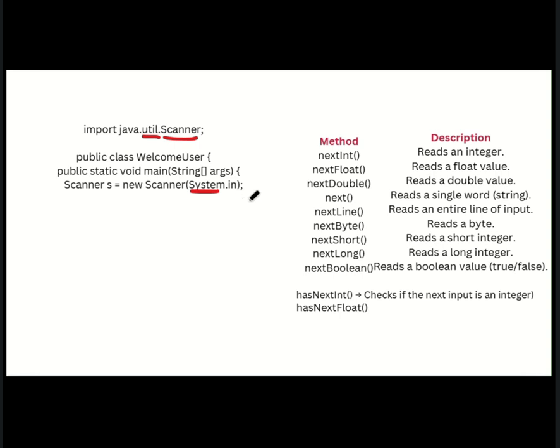This object is associated with the keyboard, so it is given to the Scanner. You can imagine that this is the keyboard. The Scanner object is a logical object assigned to it. So whatever you type from here comes through this Scanner object to your program. Or you can say the Scanner works like a pipe to read data from the keyboard.